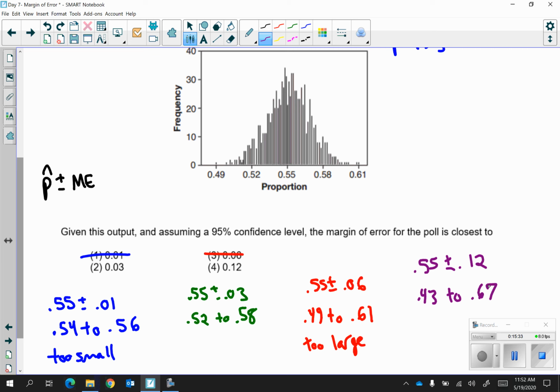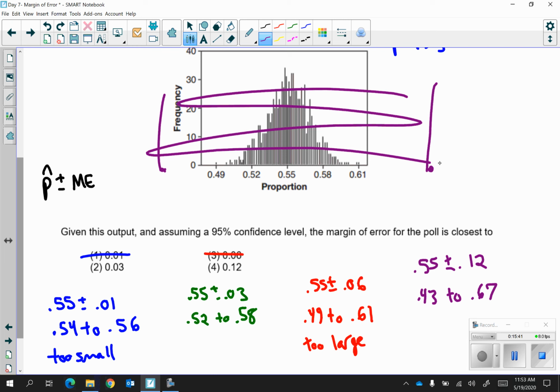Those numbers aren't even on the graph. So if I go from here to here and I count everything in between, it's definitely way too large. So usually with these questions, the nice thing is if you were to go and look at each and every option, one will be reasonable and the others will definitely either be way too large or way too small. So there are your two ways of doing it.